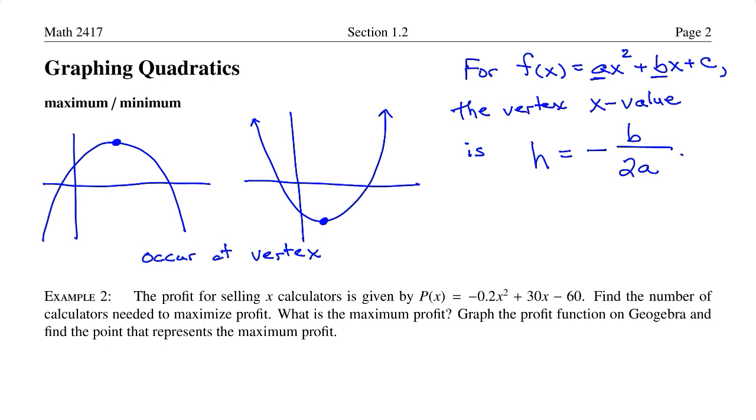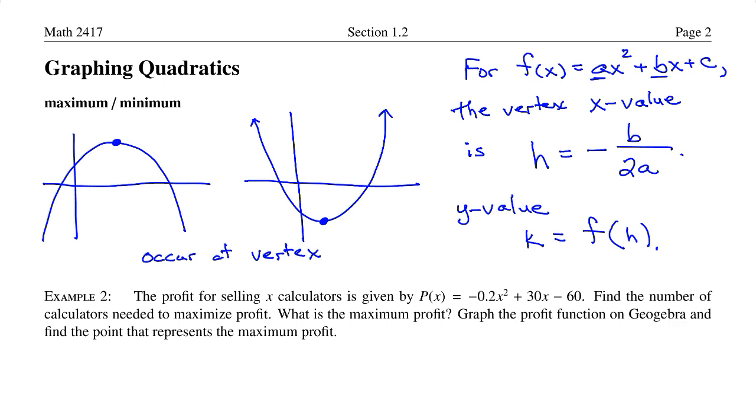Then for the y value, you just plug it in. So k, which is what they call the y value of the vertex, is f of h, where that h is the vertex x value that we get from the previous formula.